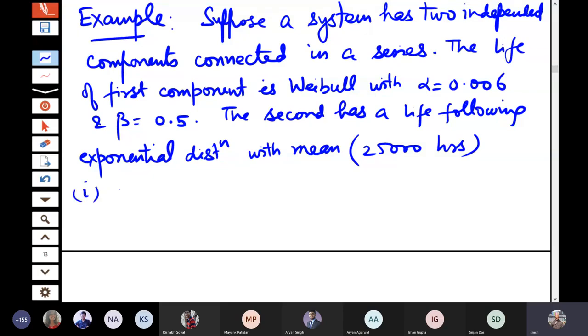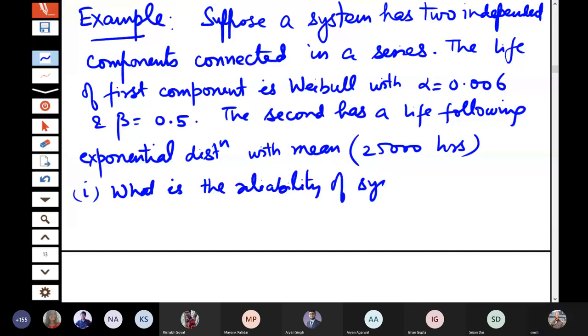So for example, what is the reliability of the system at say 2500 hours?